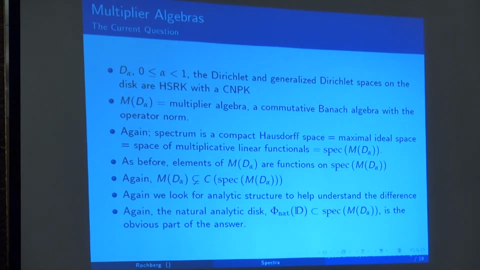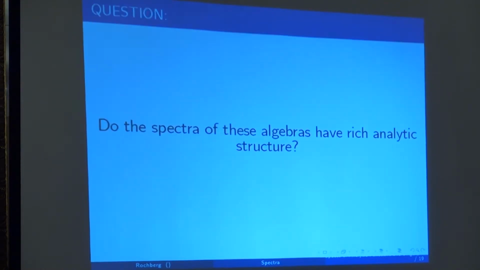And again, there's a natural analytic disk that's part of the answer, the obvious part of the answer about analytic structure in the spectrum. And I mention it later, I think. That disk is dense in the entire spectrum. That's a corona theorem again, but now it's not due to Carlson. It's a more recent theorem, but the corona theorem is true in this case also.